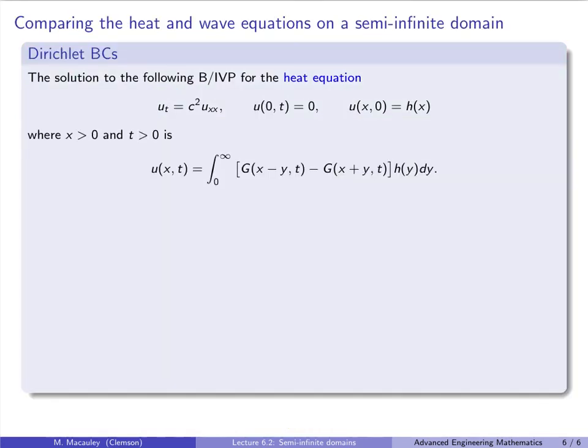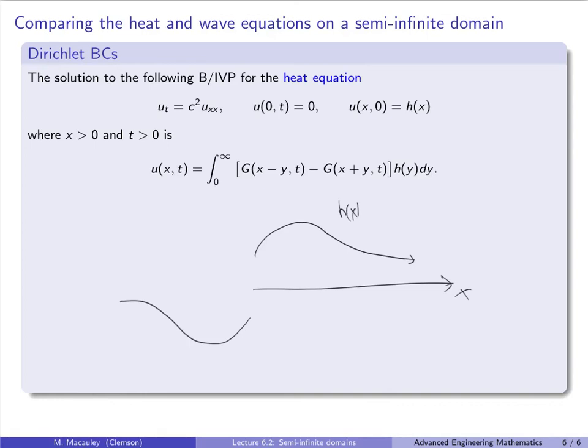We'll conclude this lecture with a summary comparing the heat and the wave equations on a semi-infinite domain. In all of these cases, we have the semi-infinite domain and our initial condition, possibly two if it's the wave equation, and we turn it into the odd extension, and then we solve that equation on the entire real line.